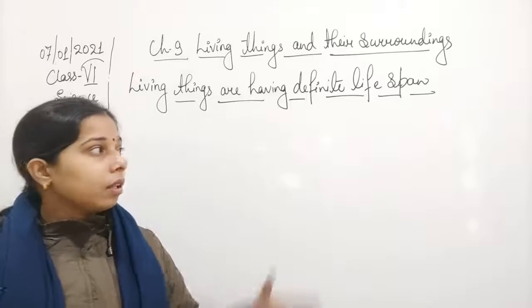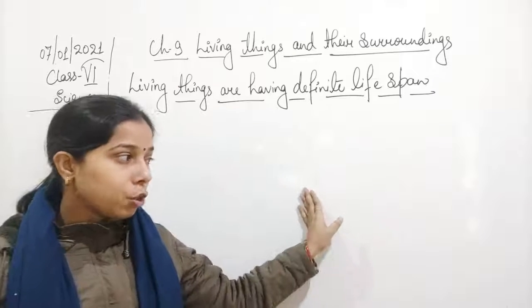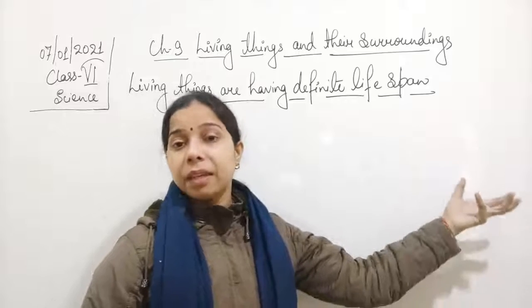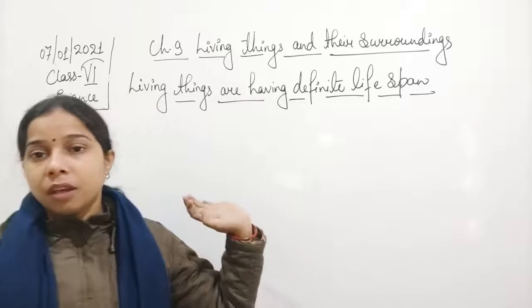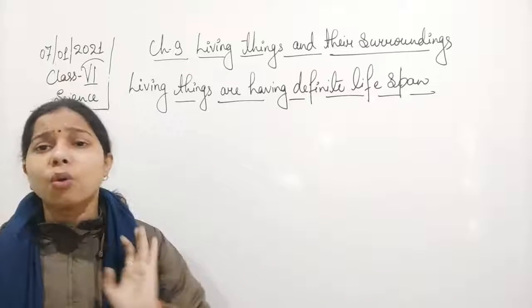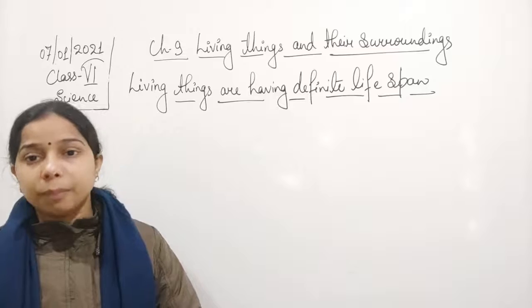So here, born means born as a child, then growing into a kid, from the kid to an adult to old age, and finally death. Okay, so this is what happens with every living organism, including the animals, including the plants.